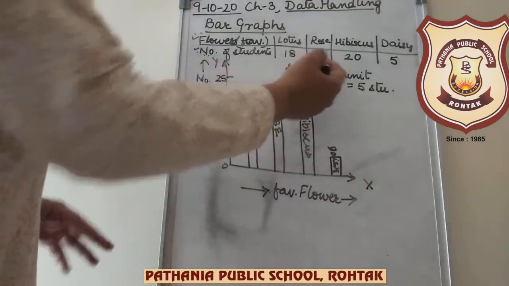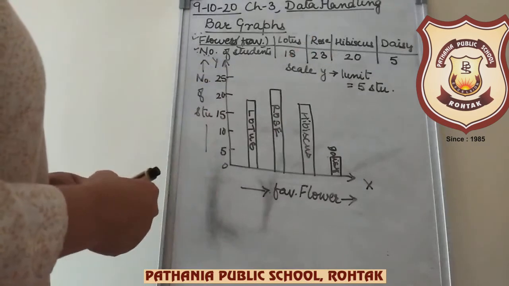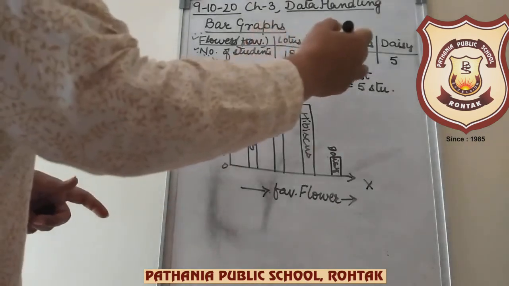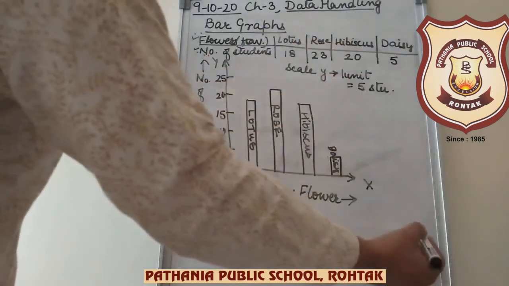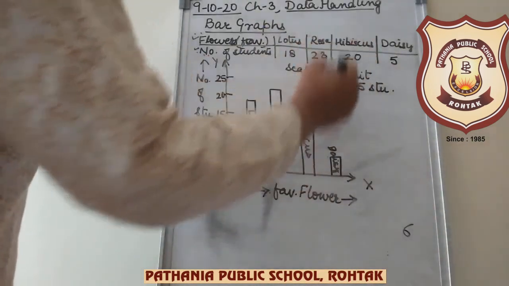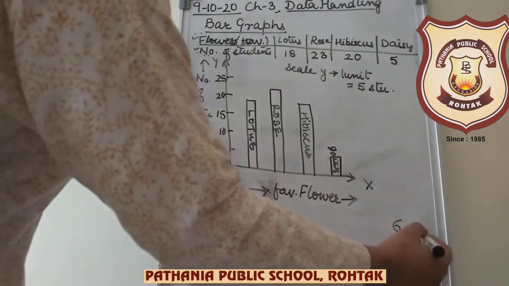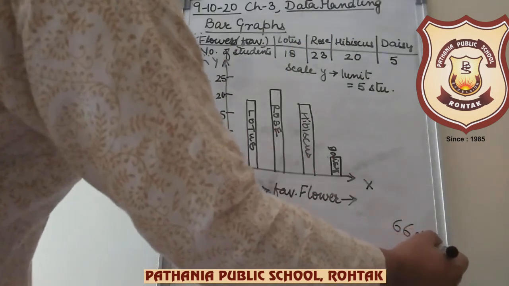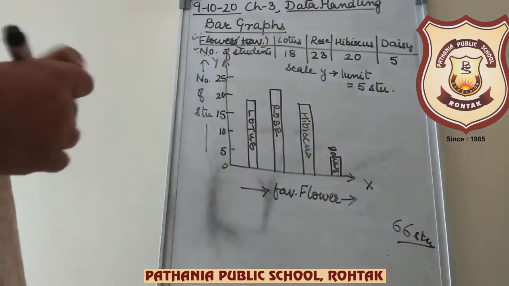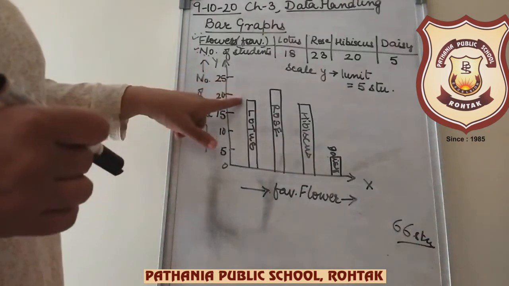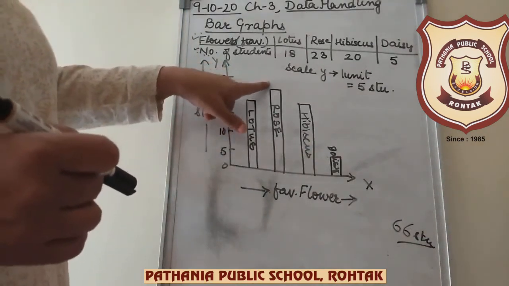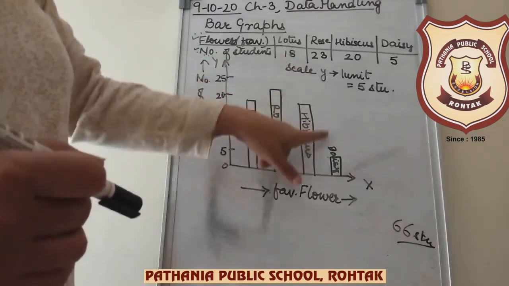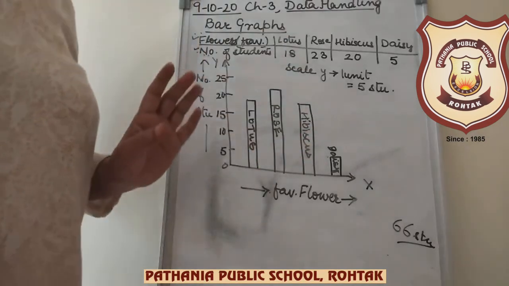So if I say total number of students, they are going to be 18 and 23 and 20, and then 5, 66 students are there in the class, out of which 18 like lotus, 23 rose, 20 hibiscus, and 5 daisy.